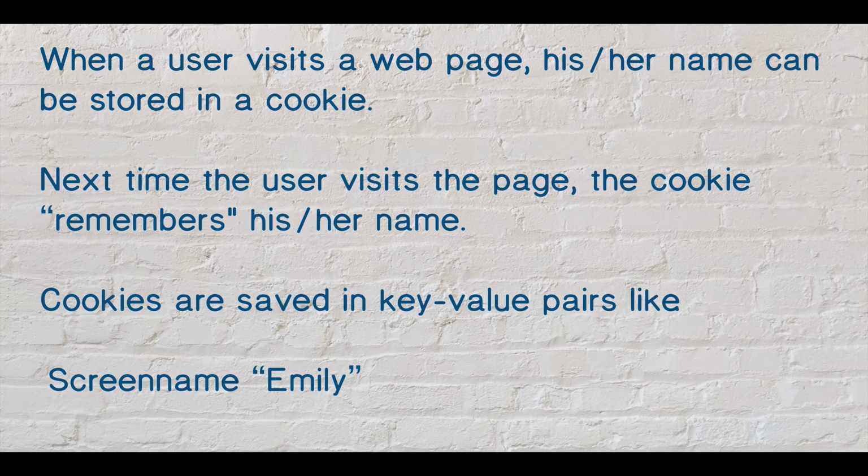And the next time the user visits that page, or maybe a different page on the website, we can remember what that name was. So as the person's moving around on the website from page to page, we can keep track of who that user is. And they're saved just like in a lot of other things in JavaScript as key value pairs. For example, we can remember screen name is Emily. That's the basic idea of a cookie.